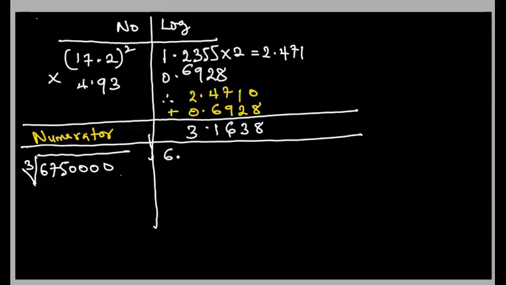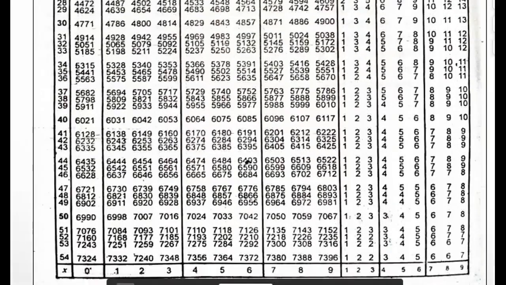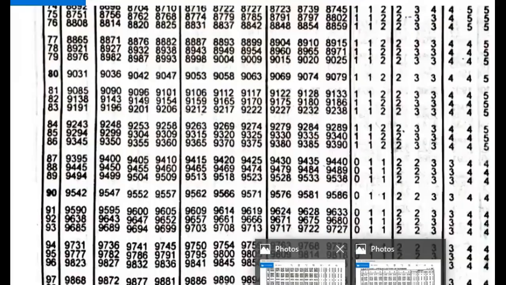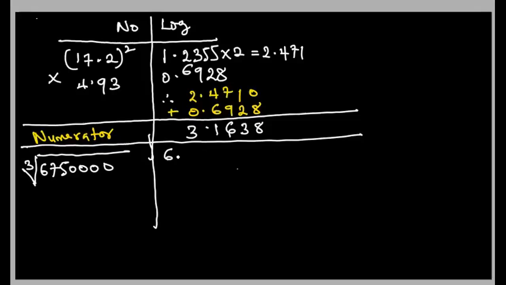Now we look for 67 under 5. We don't have the point 0, so just use 67 under 5. As you can see, 67 under 5 is 8293.